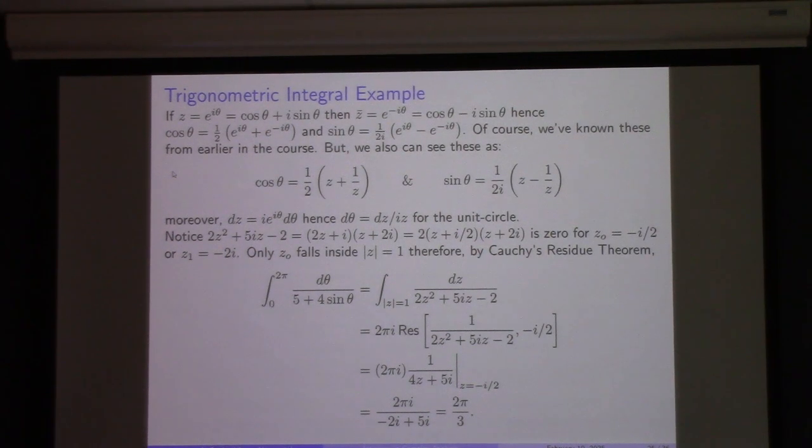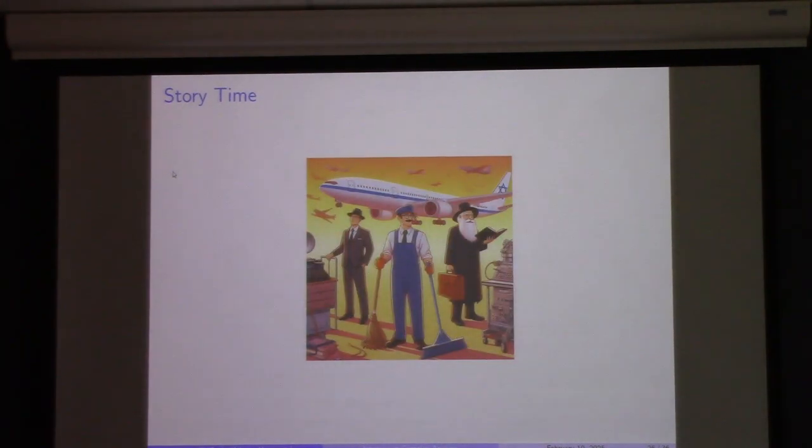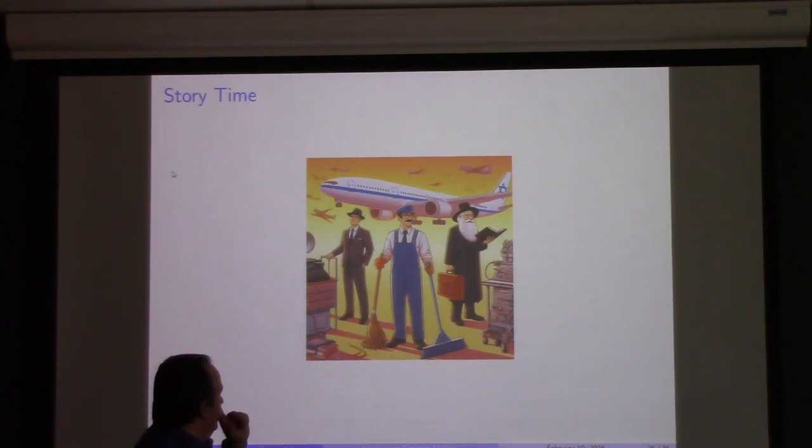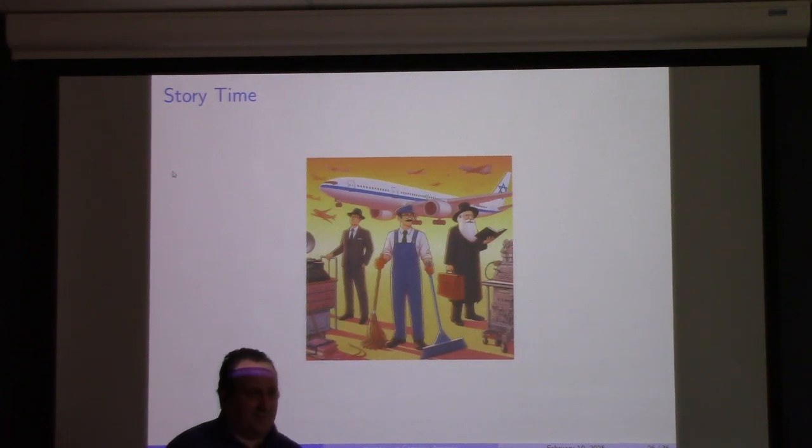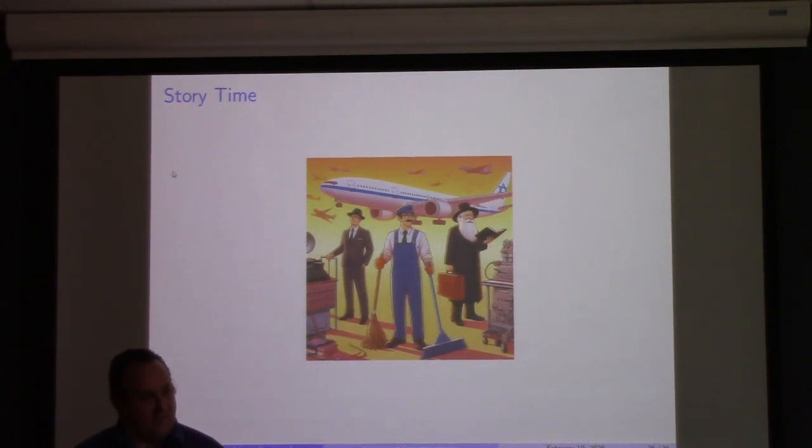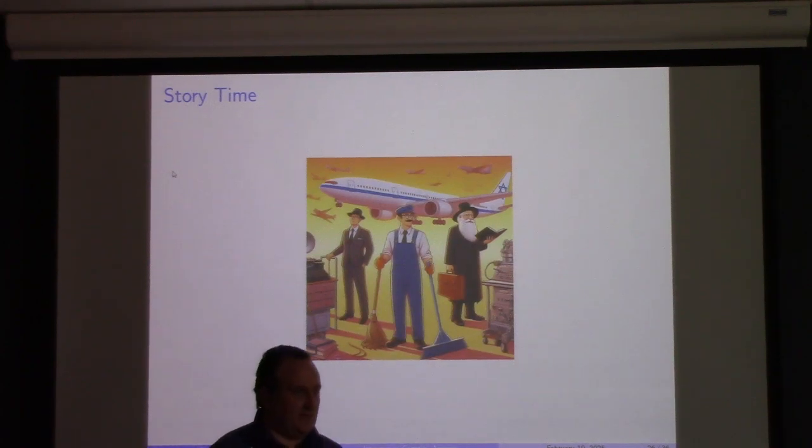So that finally brings us to story time. There's a story I have to tell you guys. You have to imagine there's a plane, a jet airliner, and there happens to be a rabbi, a Polish janitor, and a physicist. They're sitting on this plane, it's stormy, and they're over the ocean. It's bad. One of the engines goes out.